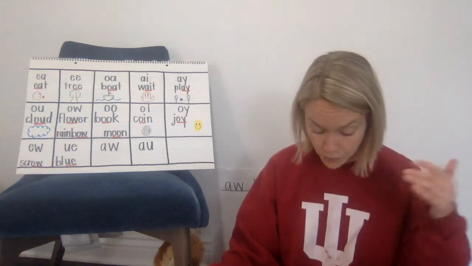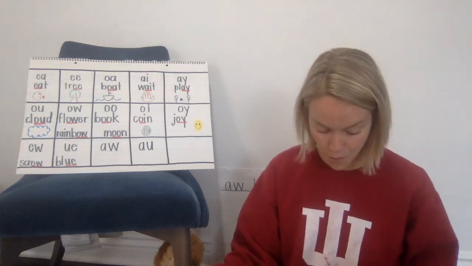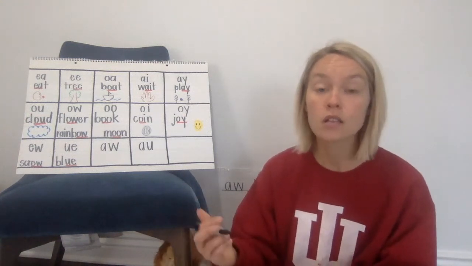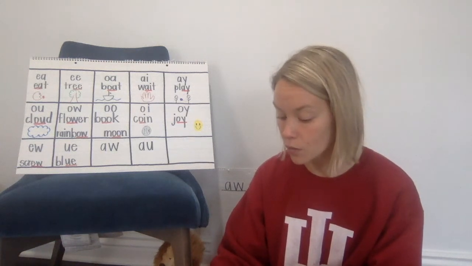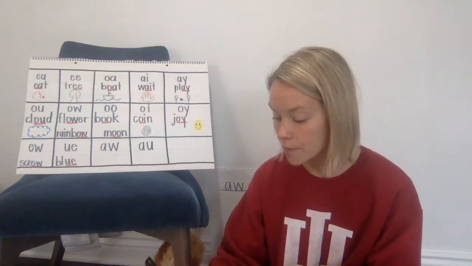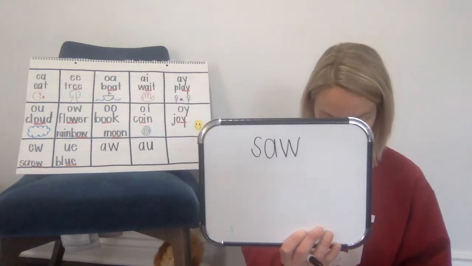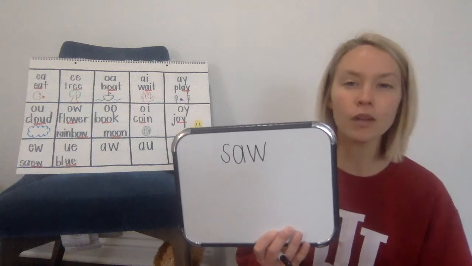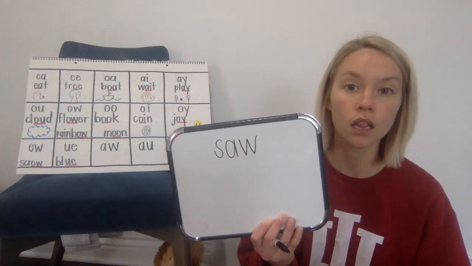Okay, so it's going to be your turn to build some words with AU and AW, okay? And we're going to start with that word saw. So on your paper, on your board, whatever you're using, write the word saw. And I'll go ahead and do it along with you. I wrote the word saw. Now, I want you to see if you can change this word saw to claw.